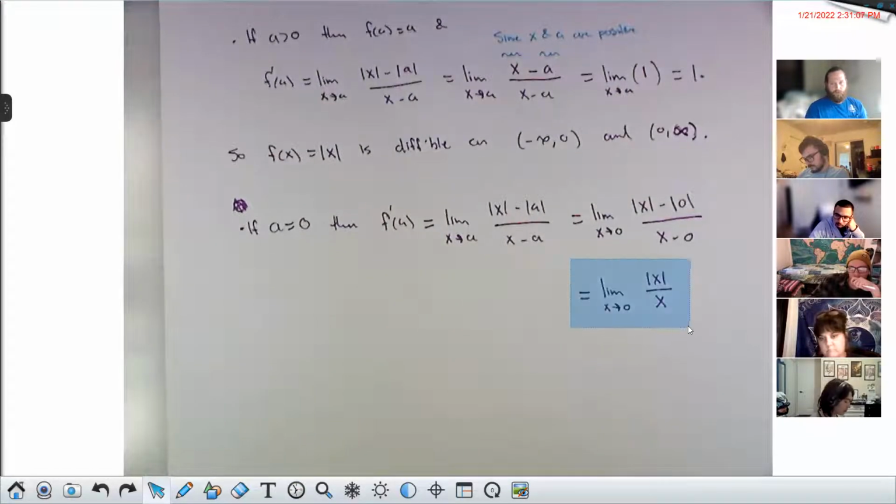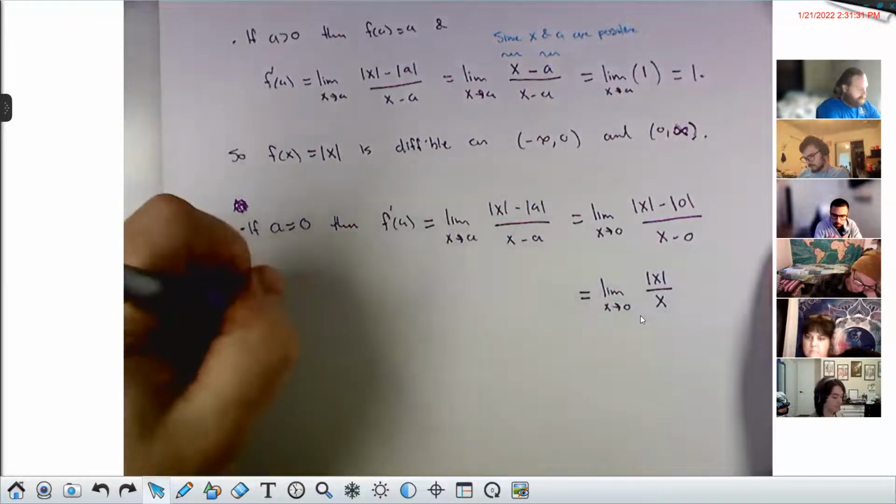So we're ready now to take a look at this limit. Obviously, I cannot get here by plugging in 0. And I also cannot cancel because I cannot get rid of the absolute value, because I'm not taking a limit as x goes to a positive number or as x goes to a negative number. Here, if we were to look at the one-sided limits, from one side, the x's are negative. From the other side, the x's are positive.